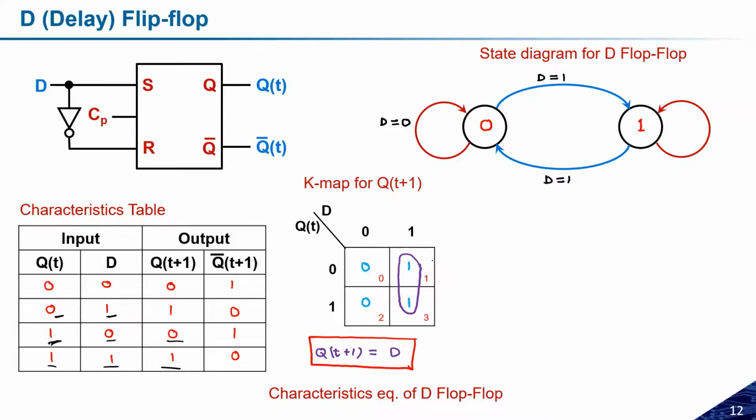Qt was 1 and d is equal to 0, so here it will become something like this. Qt plus 1 becomes 0 when d is equal to 0, and when d is equal to 1, it stays 1. Okay, so these are the outputs: 0 0, 0 1, 1 0, 1 1. So this is how you will get the outputs.